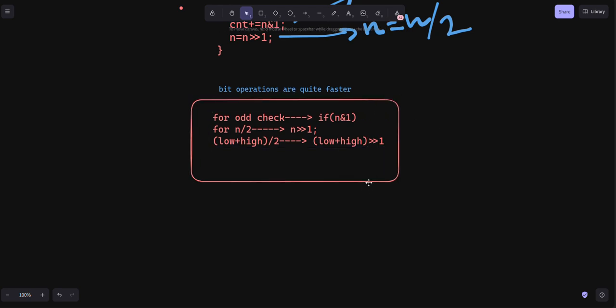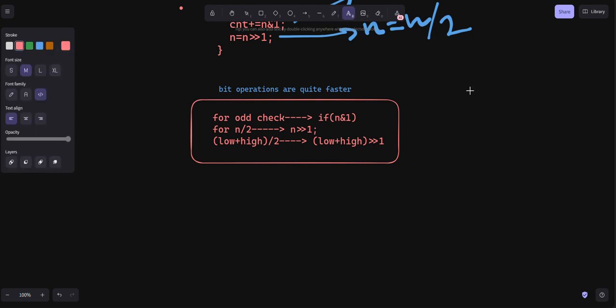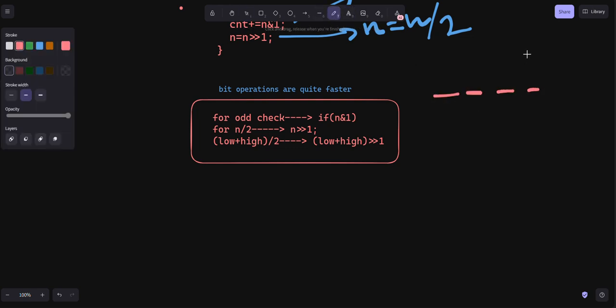Because for n by 2, if you are dividing by 2, like making a 4 digit number a 3 digit number, you can just shift it by 1.